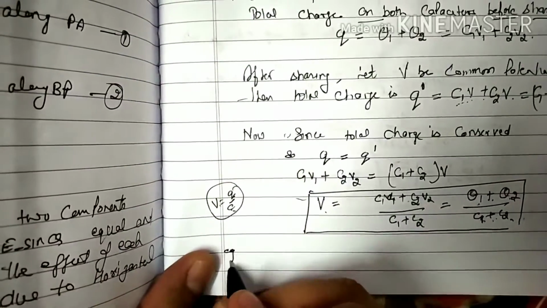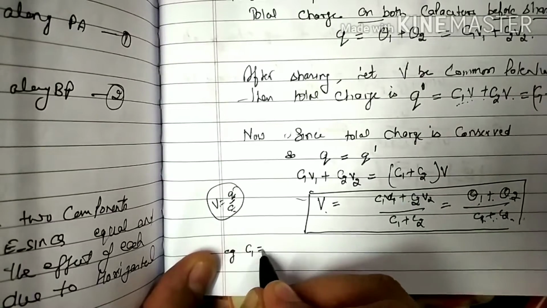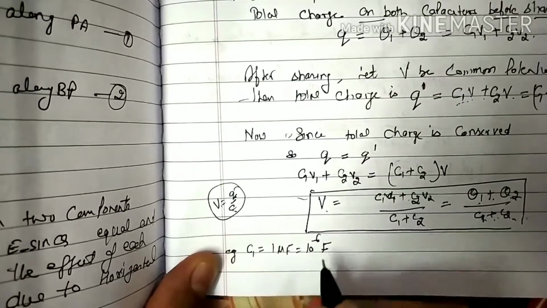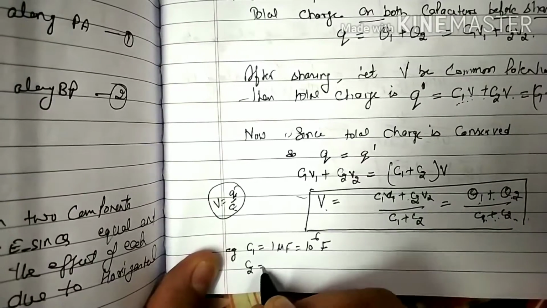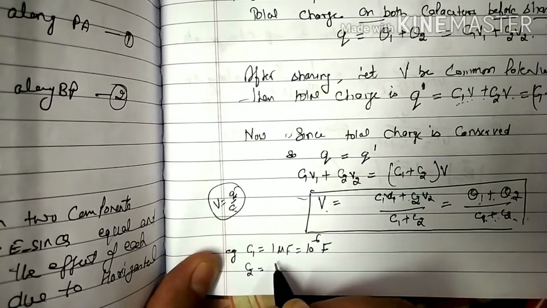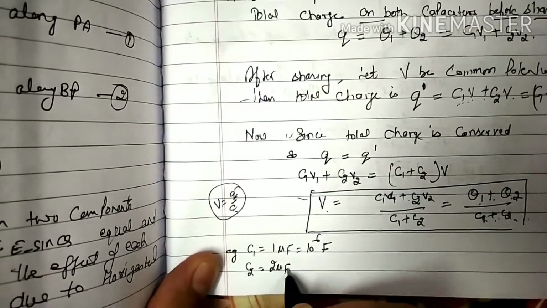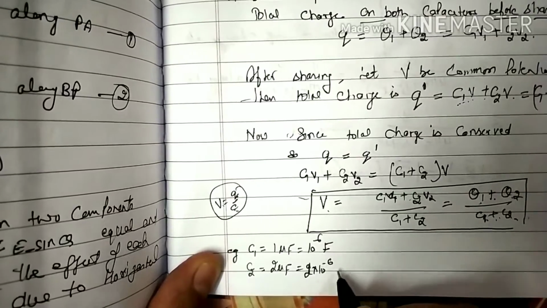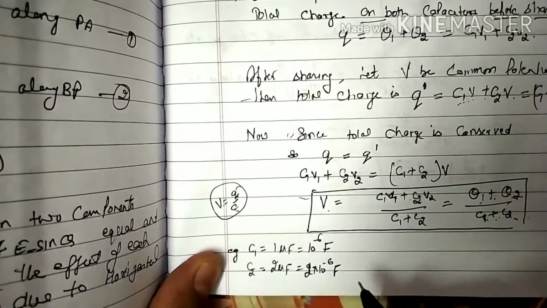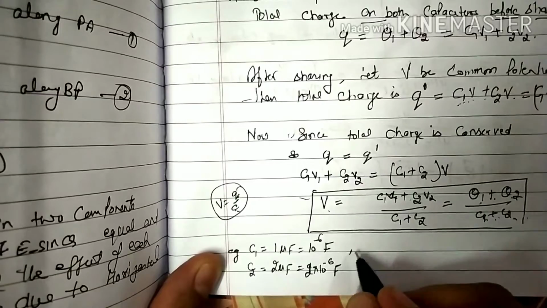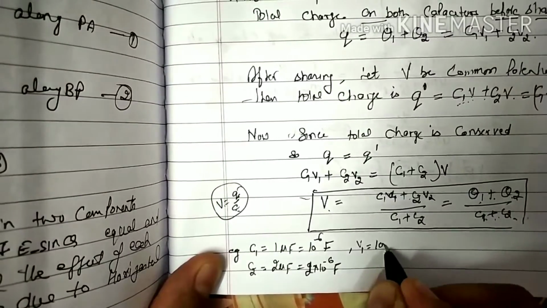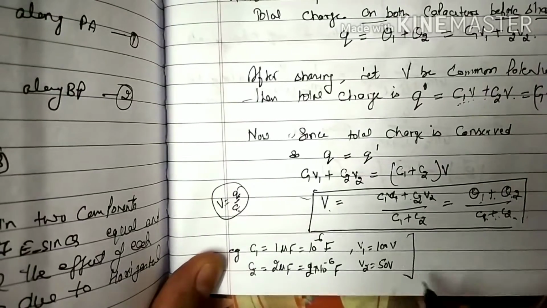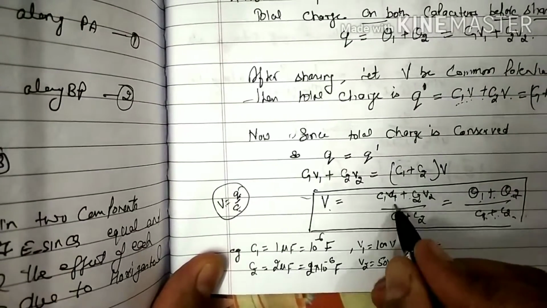For example, C1 is equal to 1 microfarad, that is 10 raised to power minus 6 farad, and C2 is equal to 2 microfarad, that is 2 into 10 raised to power minus 6 farad. Farad is the unit of capacitance, and V1 is equal to 100 volt and V2 is equal to 50 volt. So we can find the common potential by using this formula simply.